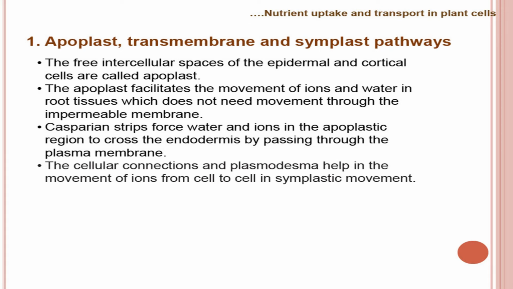Casparian strips force water and ions in the apoplastic region to cross the endodermis by passing through the plasma membrane. Thus, in this case, the Casparian strips become very important. The cellular connections and plasmodesmata help in the movement of ions from cell to cell in symplastic movement.